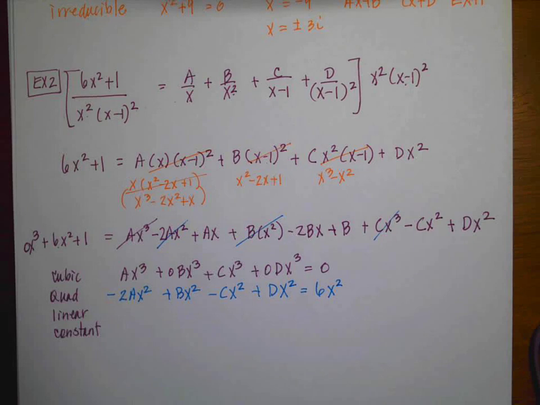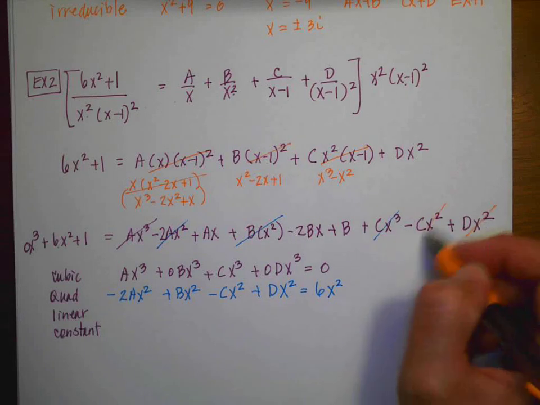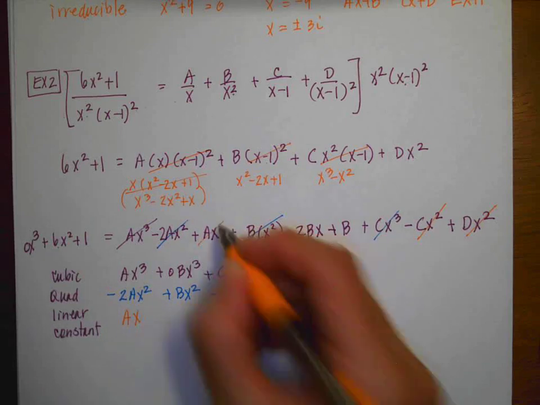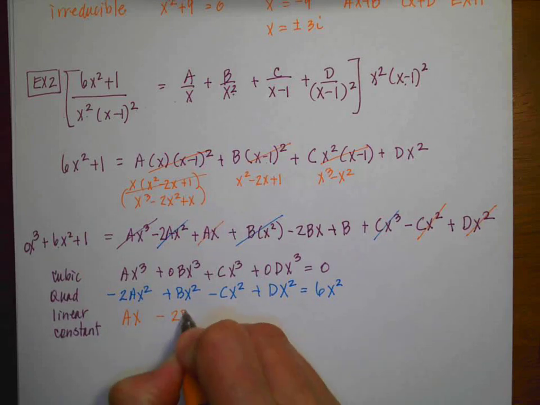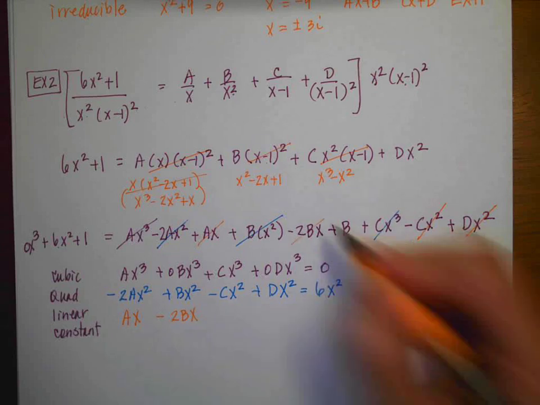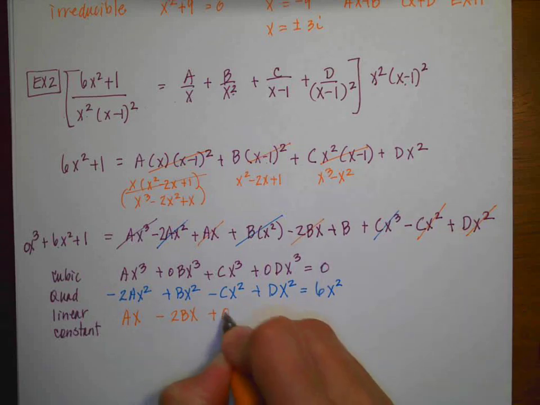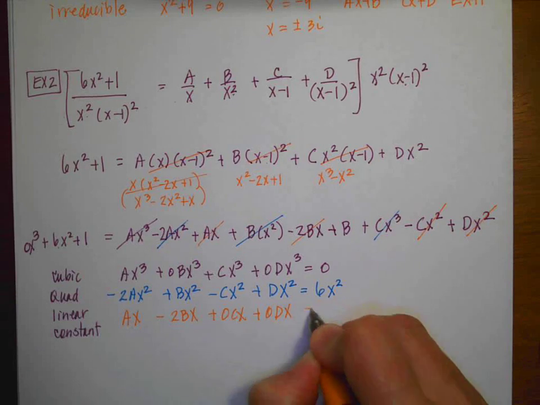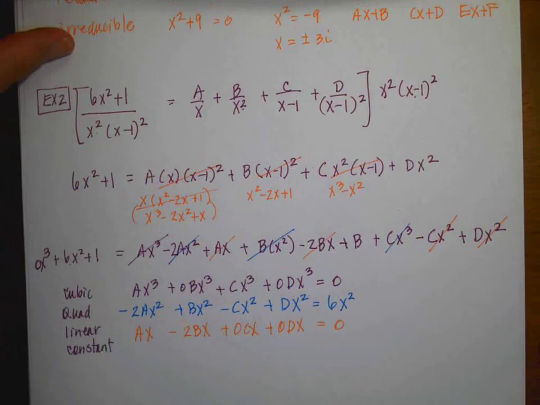Okay? There's my 6x squared. Now I'm going to do linear. I use those two. So now I have an ax, use that one, minus 2bx, use that one. There's no cx, and there's 0 dx, and it's going to equal 0.